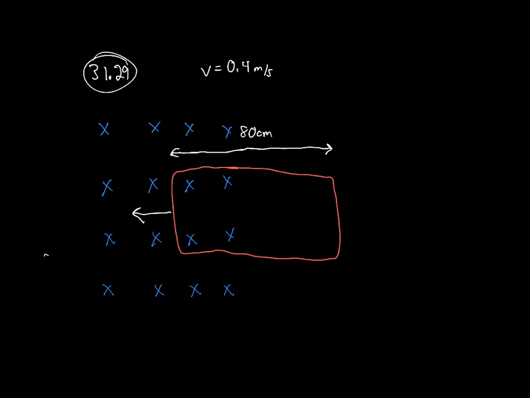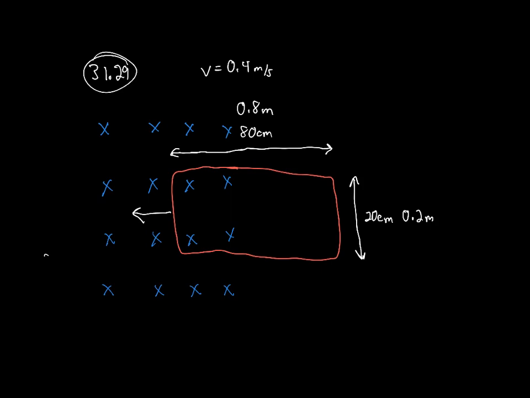The height of this loop is 20 centimeters. What would be a good idea at the very beginning of this problem? Change it to meters. So that'd be 0.8 meters and 0.2 meters. Okay, what induced current will flow around the loop?